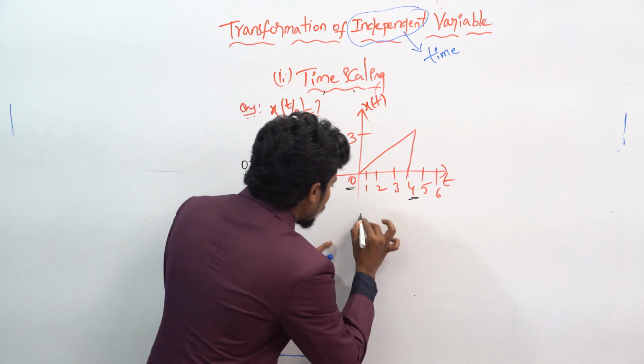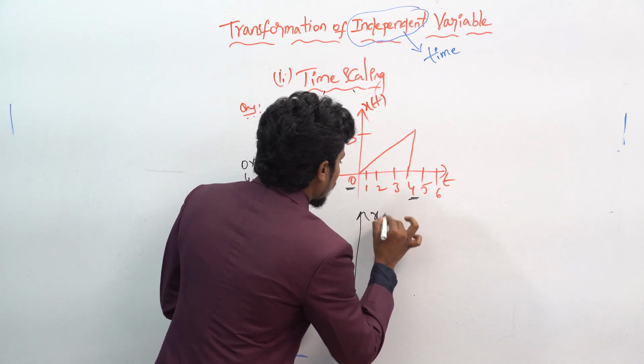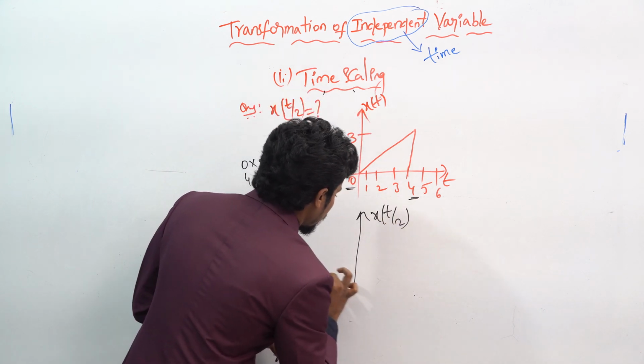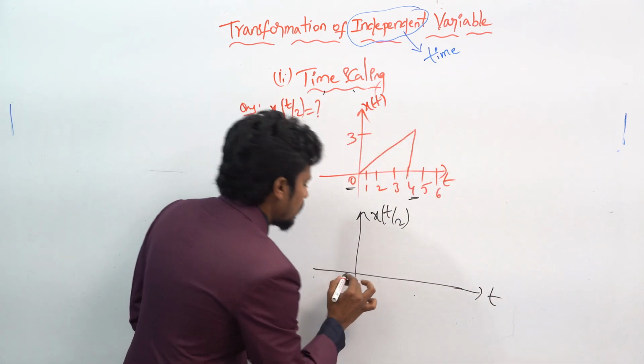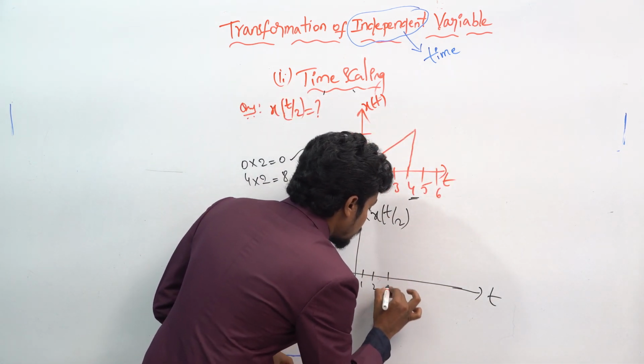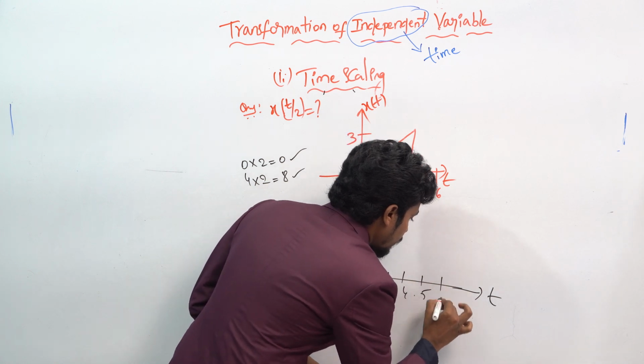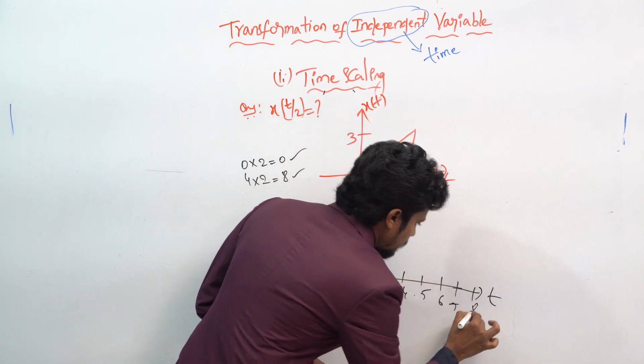And here the plot is like this. Here this will be x of t divided by 2. Here the independent variable will be t. Here this will be 0, 1, 2, 3, 4, 5, 6, 7, and here this will be 8.